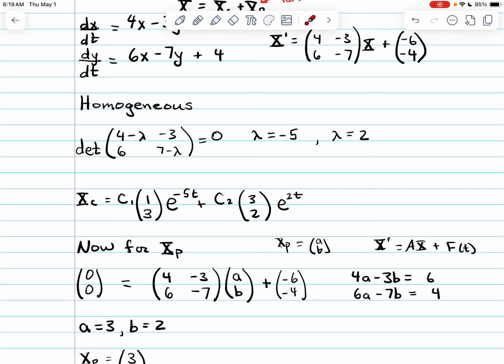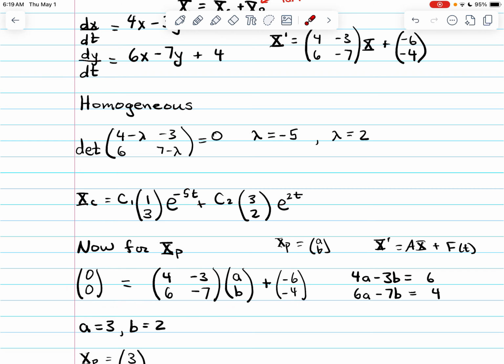That's what I'm going to do. And then I'm going to take that and plug it back into the differential equation. Okay, so I had x prime equals Ax plus f of t, and notice the derivative of this column of constants is a column of zeros, and then I just plug in here. I just plug in, solve this system of equations.